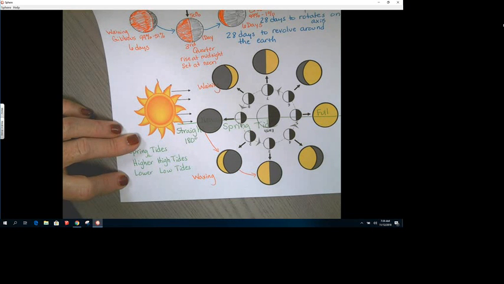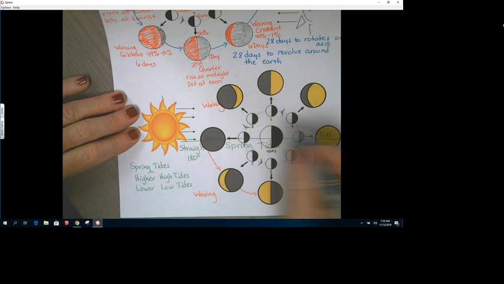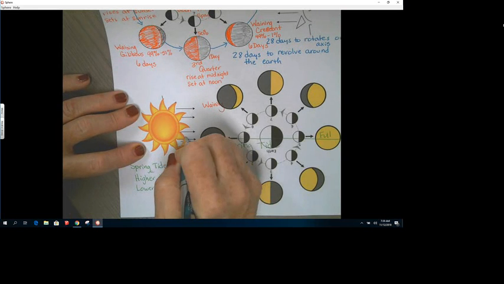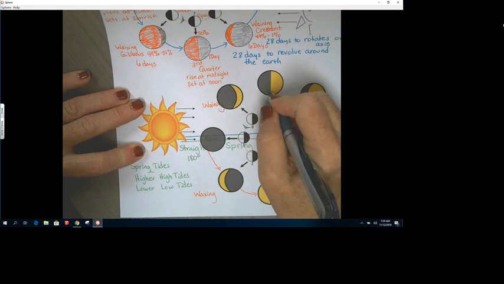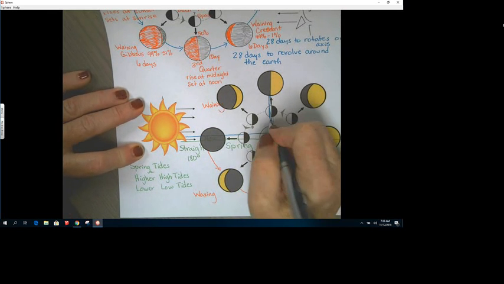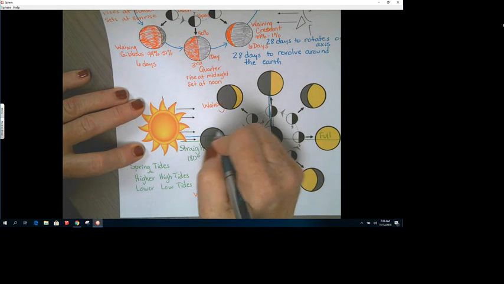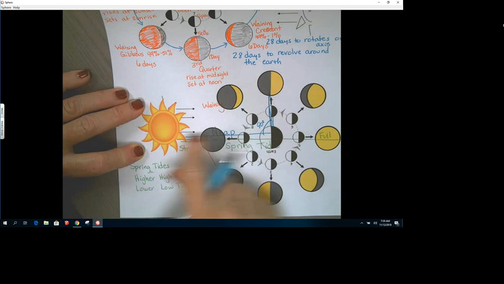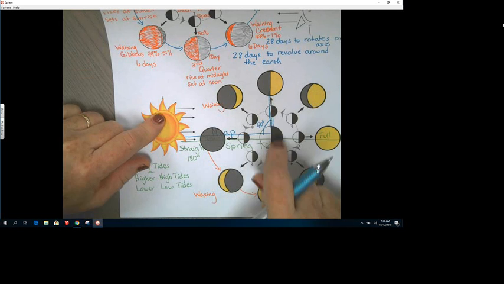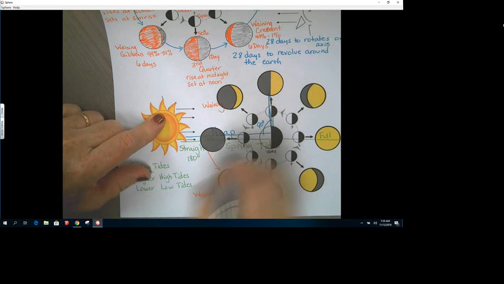All right? And then we have neap. So we're going to come here. Remember I told you neap and 90. So this is like a 90-degree angle. These are my neap tides, where the sun is canceling out that of the moon and your tides are more even.